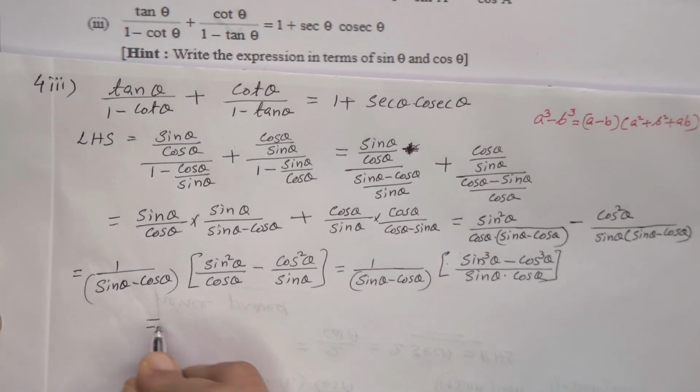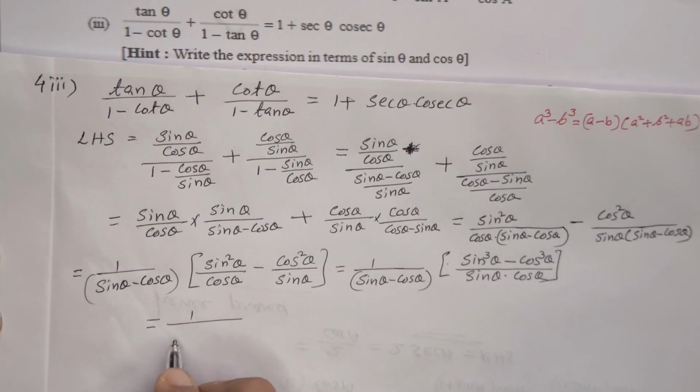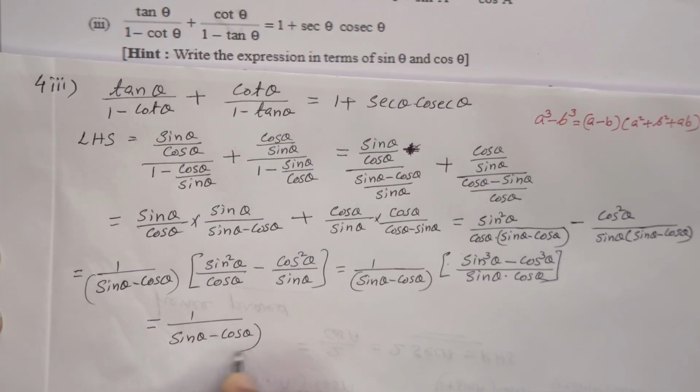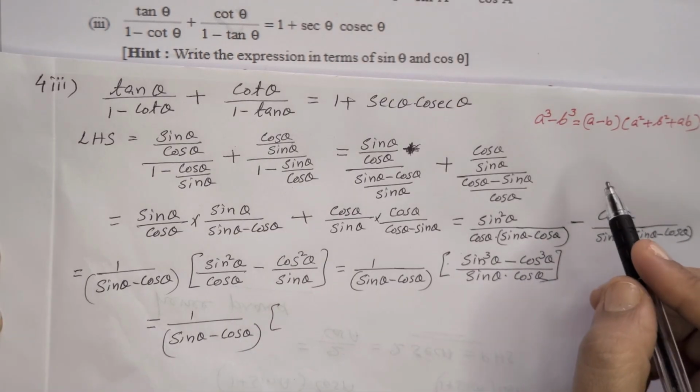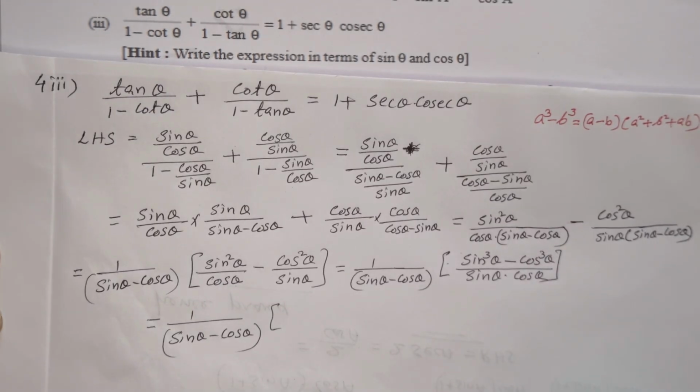This we can rewrite as 1 by (sin θ − cos θ) into a cube minus b cube form. Use the identity a³ − b³ = (a − b)(a² + b² + ab).